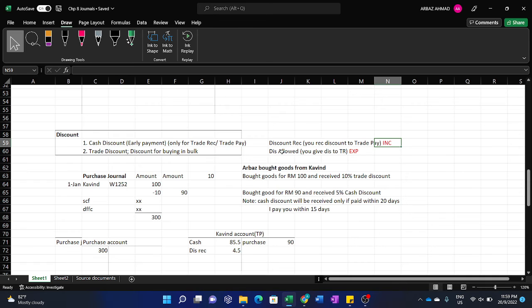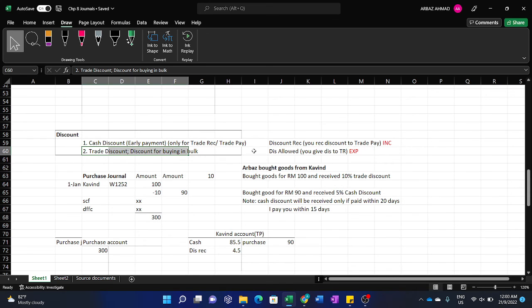And quite contrary, for the trade discount allowed, if you allow the discount to a customer, that will be an expense for you. So if you say to the customer, okay, you can pay me less 5%, so that 5% you are not going to get. So that's an expense for you.